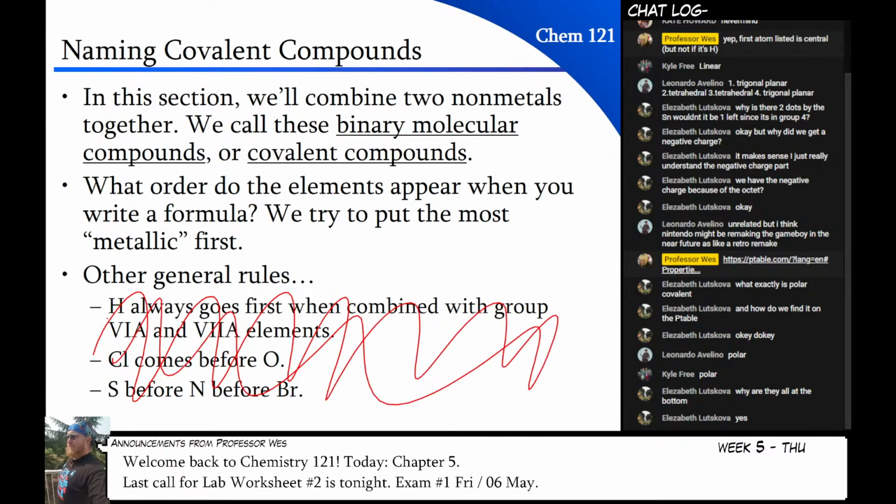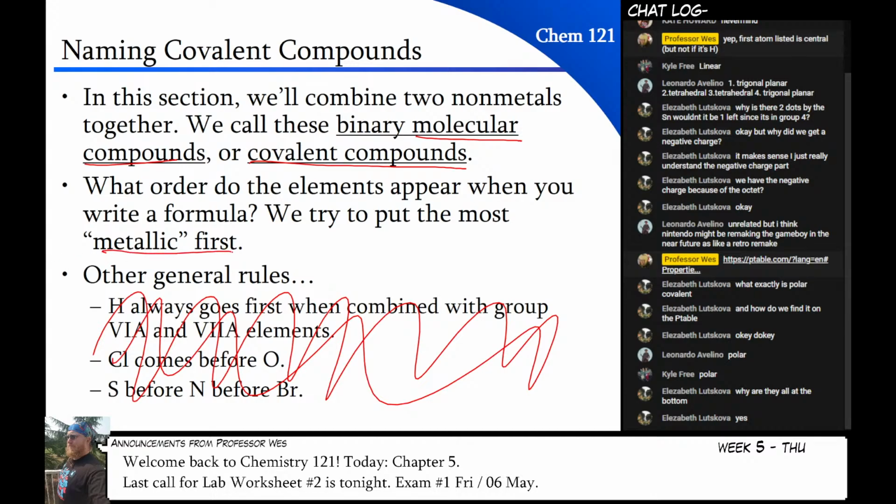But when we write a molecular compound, or a covalent compound as we're going to call it, we're going to arrange the atoms by putting the one that is the most metallic, quote unquote, first. So for example, if you look at carbon and oxygen in CO2 or CO, the C comes first. Which element is the most metallic?